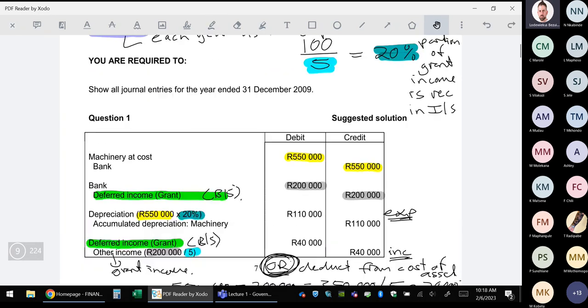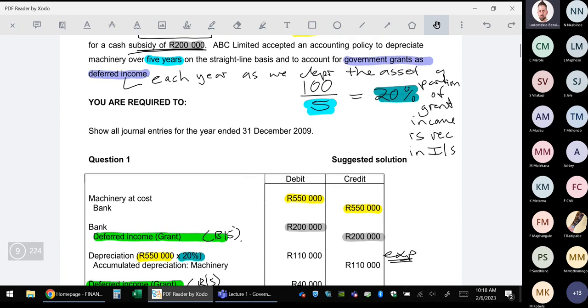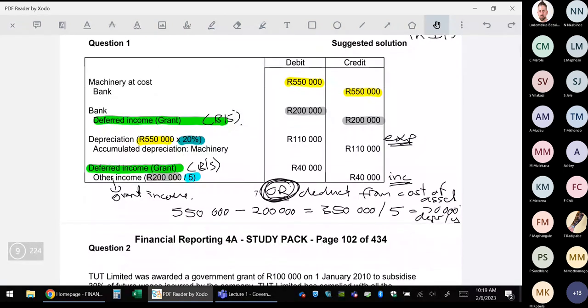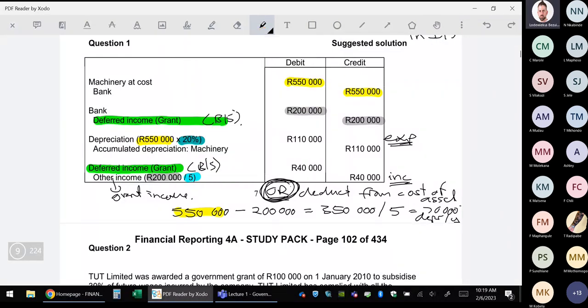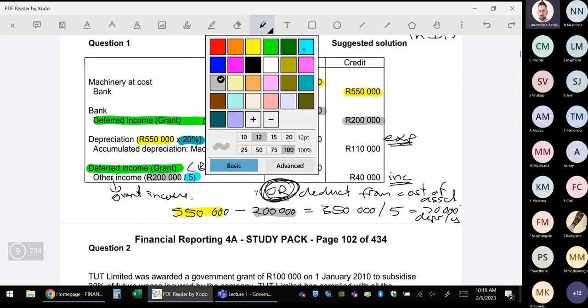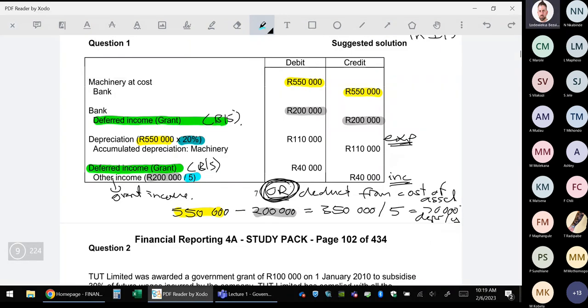It's not in this question, I'm just explaining that if the question said deduct from the cost of the asset instead of showing it as deferred income, 550 is still the cost. 200 is still our grant income. And then we use the useful life of 5 years to calculate depreciation.